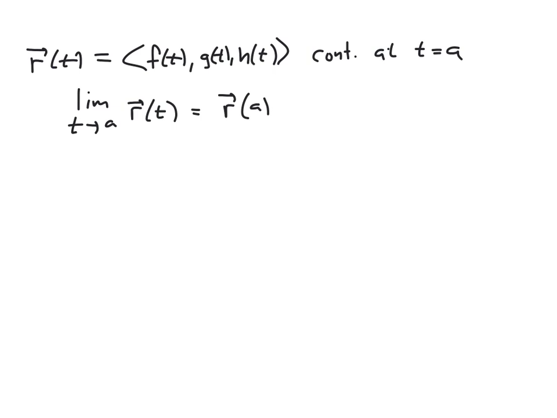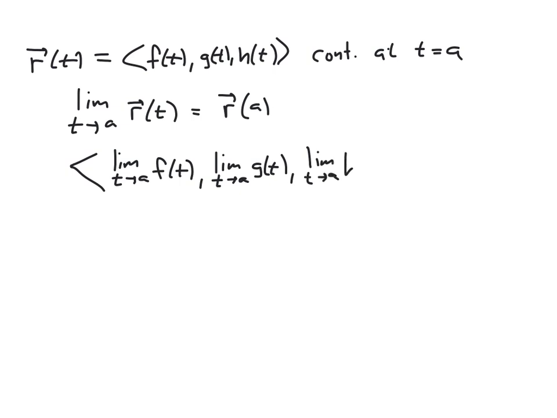Now, if I use the component forms here, the limit as t approaches a of r of t is the same as the limit as t approaches a of f of t, the limit as t approaches a of g of t, and the limit as t approaches a of h of t.